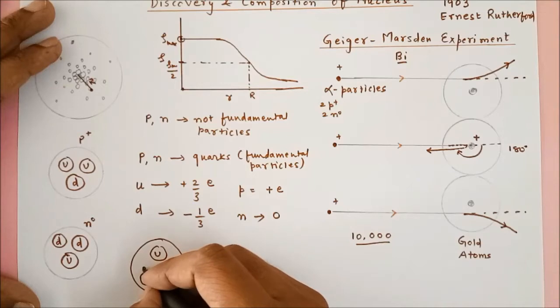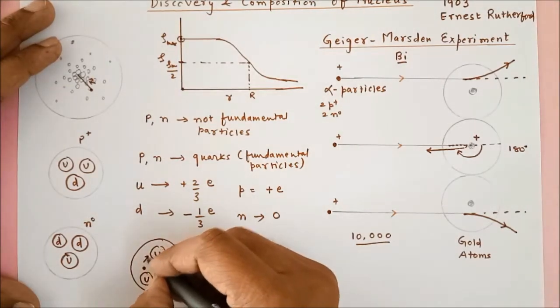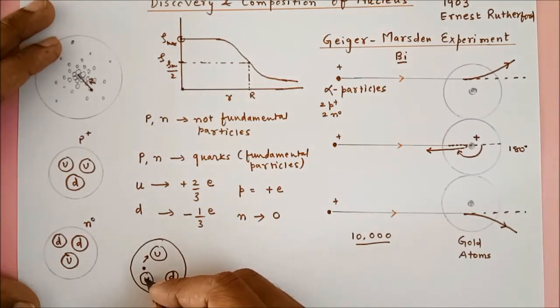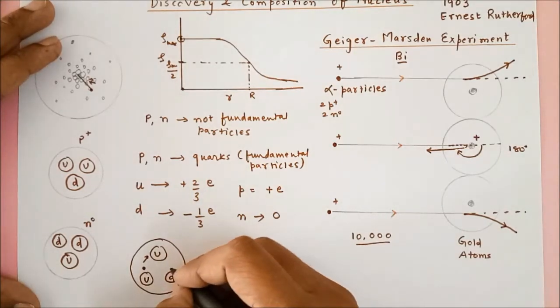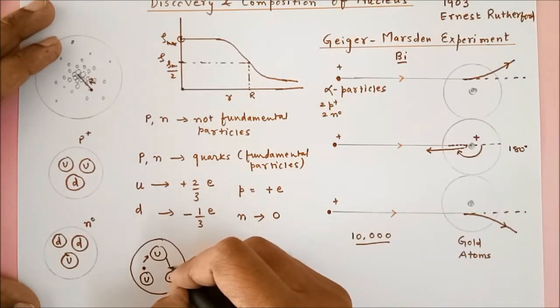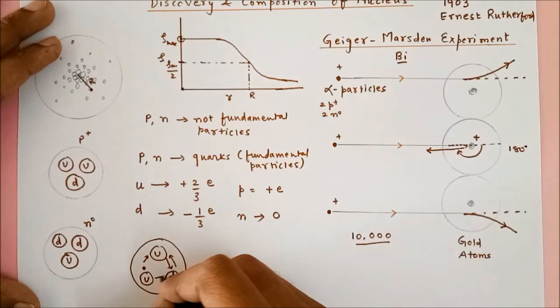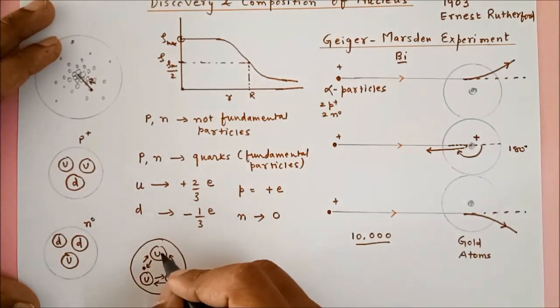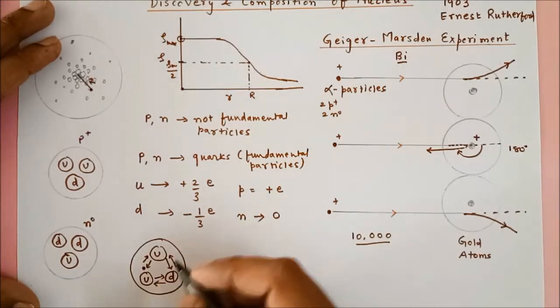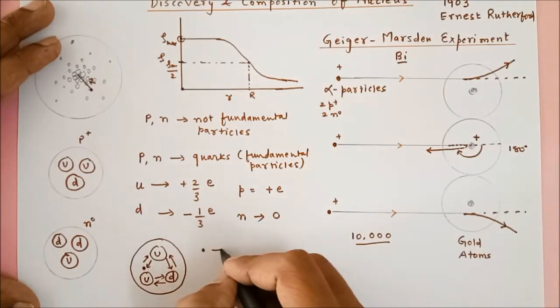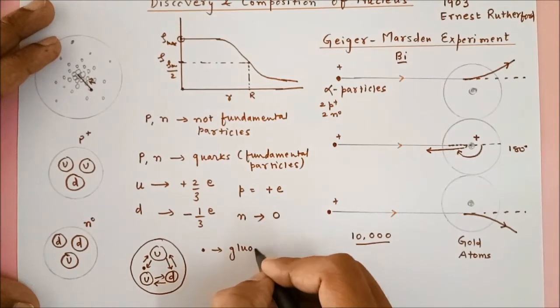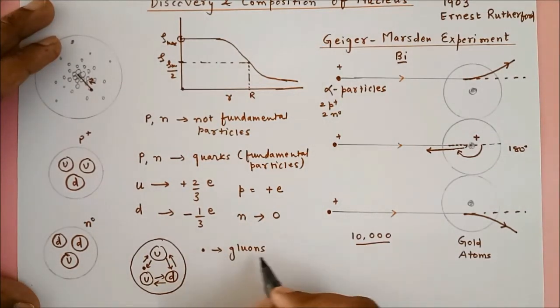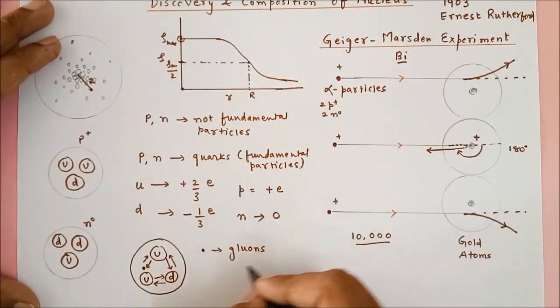So a small ball-like particle goes towards this up quark from this up quark, again from this down quark to this up quark, and in all directions. That means there is continuous exchange of some kind of particles between these. Now those particles are called gluons.